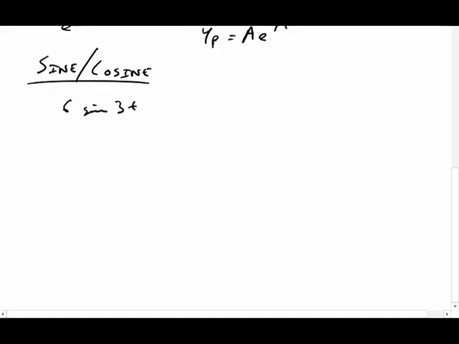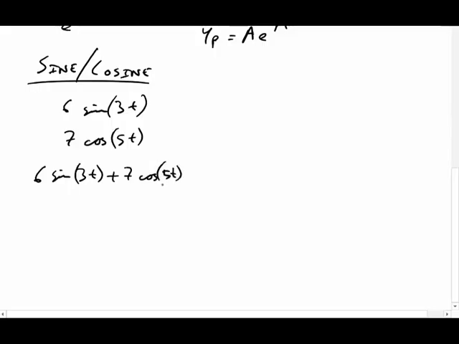Okay. Well, basically all you do now is, say for example, if you have like 6 sine of 3t, or 7 cos of 5t, or even if you had a combination of the two, so say for example 6 sine of 3t plus 7 cos of 5t. Okay, so you have a combination of the two. Then what you would try is the same thing in every single case.